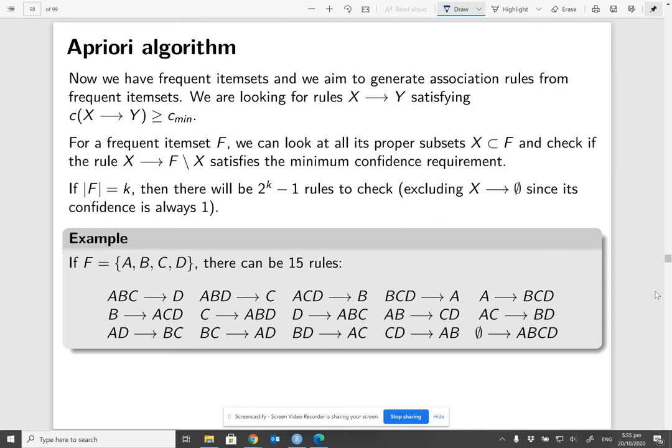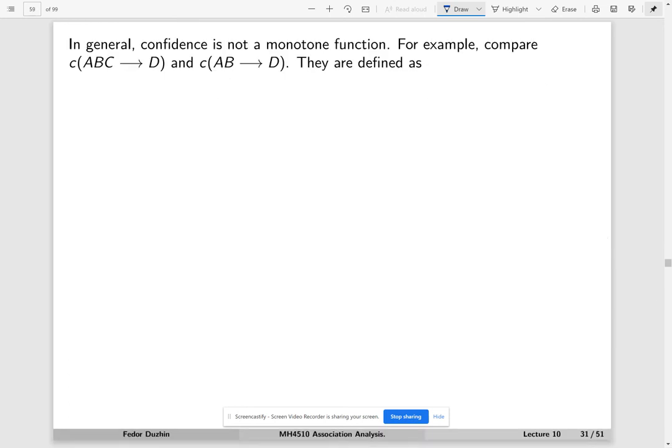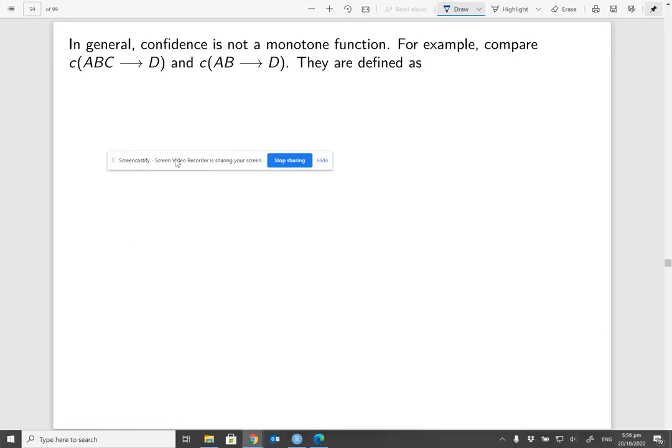Hypothetically, we could just try all of them, but a good idea is to do some kind of pruning in the same fashion as we did for item sets, and it is possible to do it. Here is how. The problem is that in general, confidence is not an increasing or decreasing function.